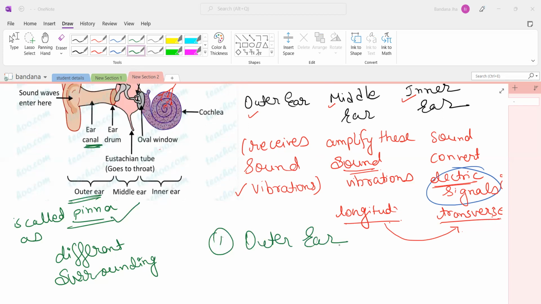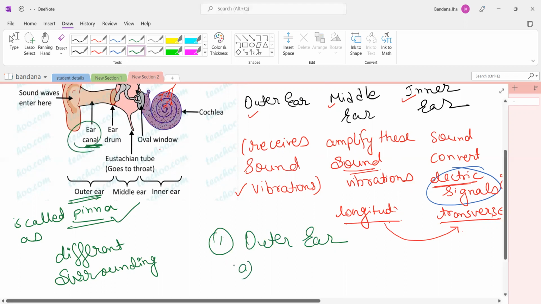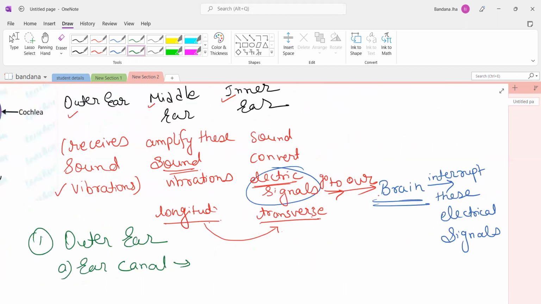Now our first part is the ear canal. So what is the role of the ear canal? Any idea? Easy. It collects the sound from the outer ear to my eardrum.